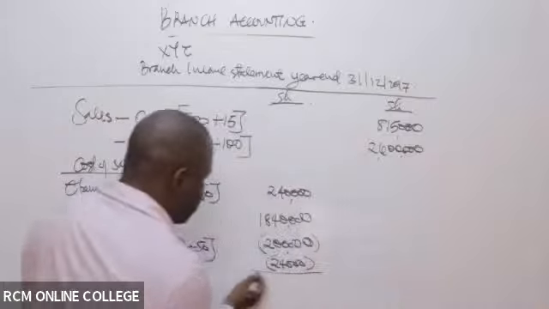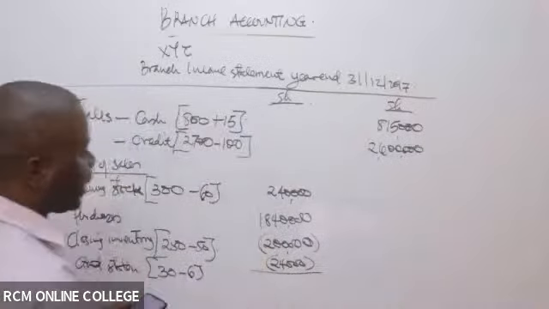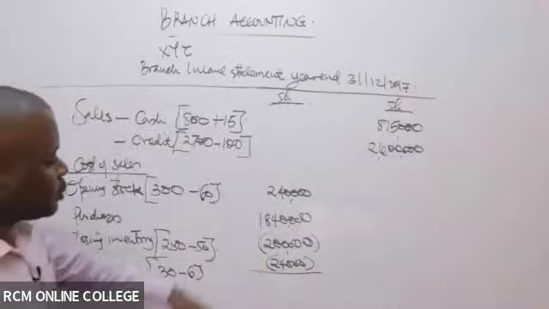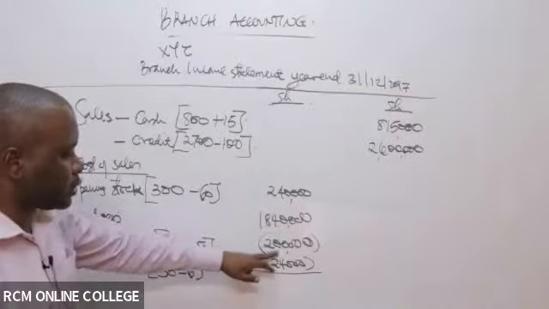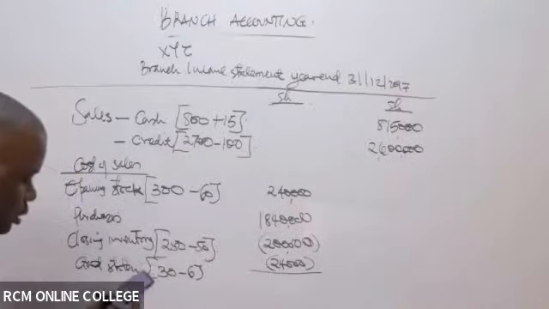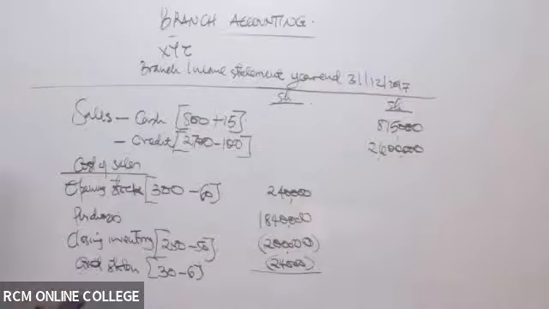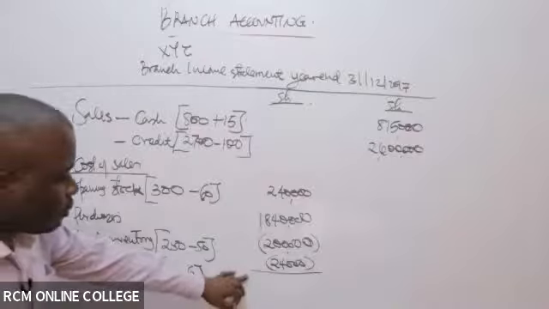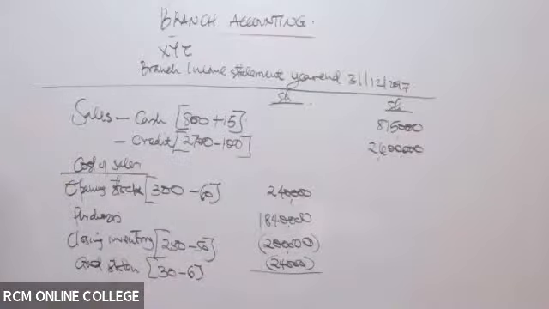So how much are you getting? Just try to add and less: 240,000 plus 1,840,000 minus 200,000 minus 24,000. What are you getting? Just try to add. The opening stock plus purchases minus closing inventory minus goods stolen, because it is reducing part of that closing inventory.